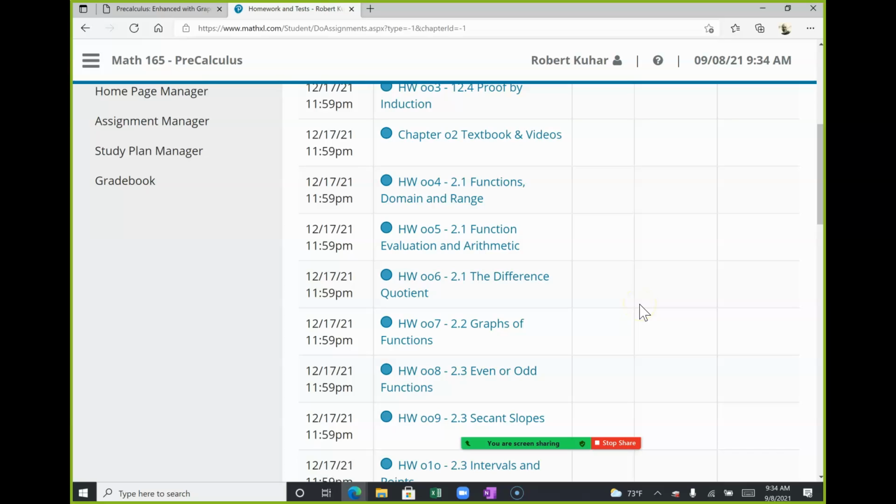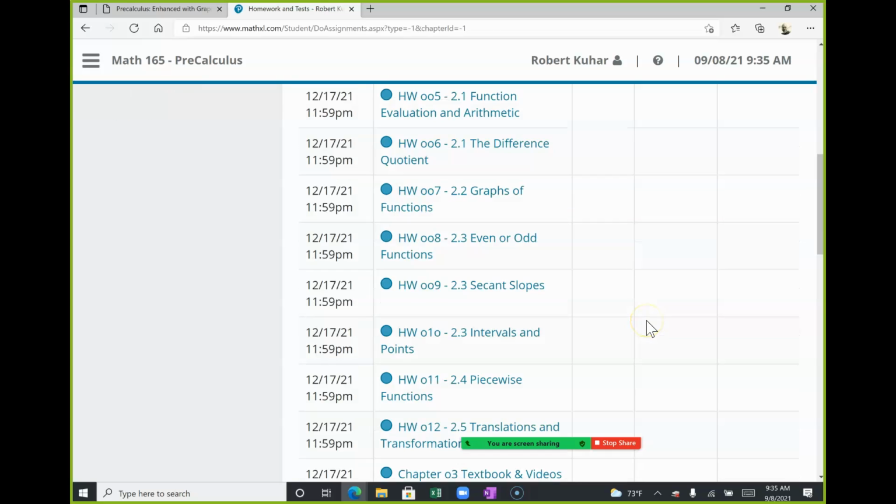So 2-1, I created 3 homeworks: homework 4, homework 5, homework 6 is all 2-1. So kind of splitting it up, okay? And then 2-2 is only 1, but 2-3 is another long section, right? So there's 3 homeworks in there.